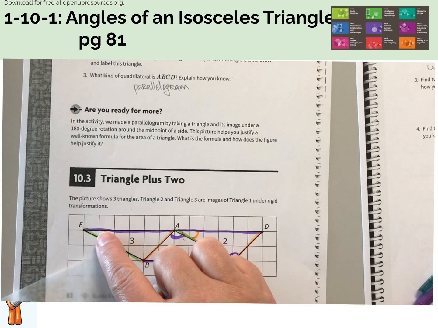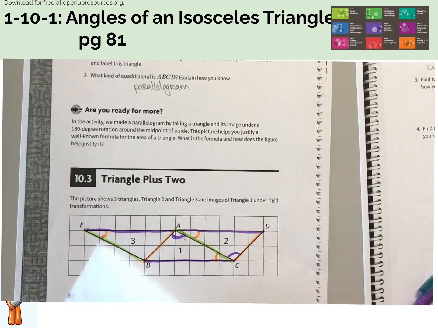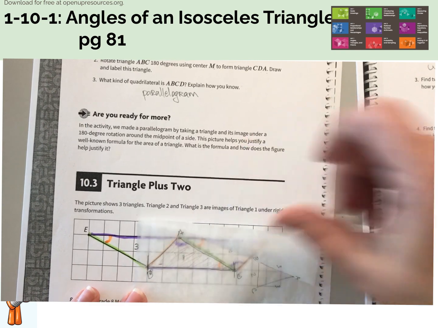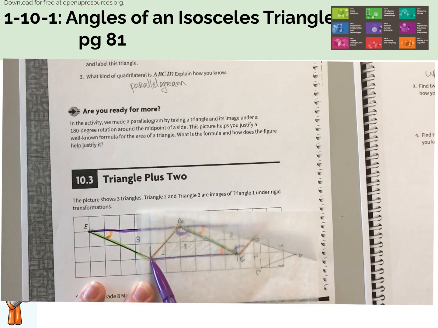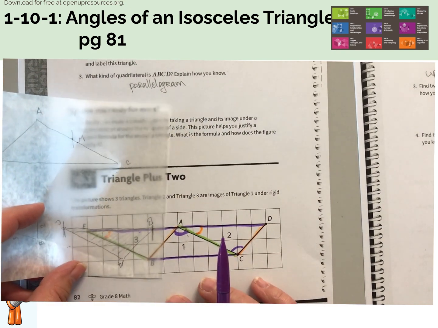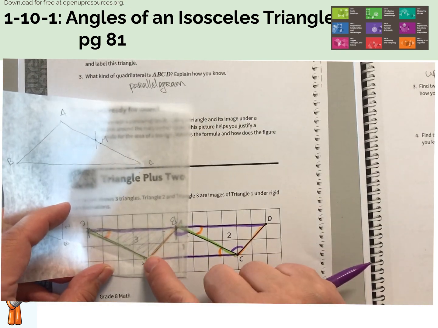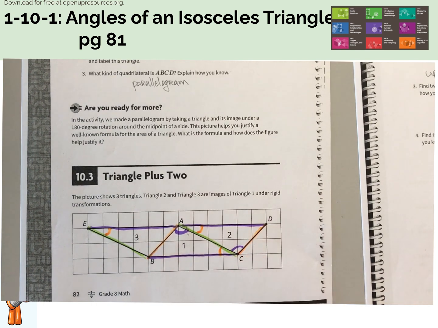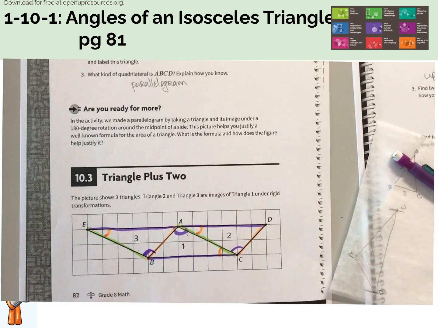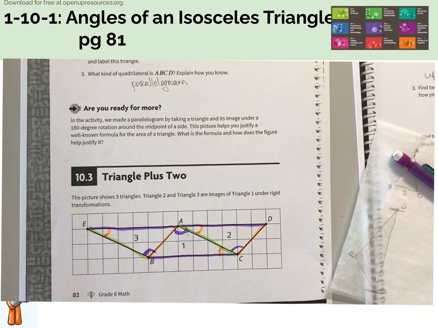Well, which one is up here in this triangle? So we took it, I rotated it at B, and then I went up, so I was looking at this angle A. That means that one is also congruent. Well, that's kind of cool.